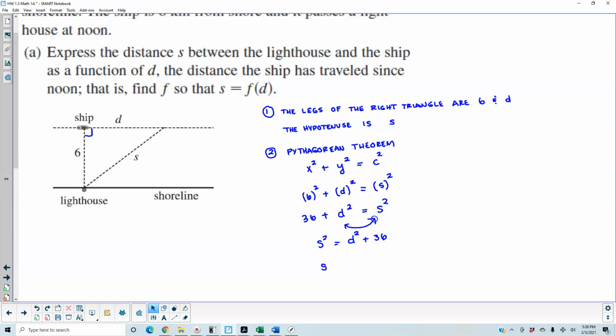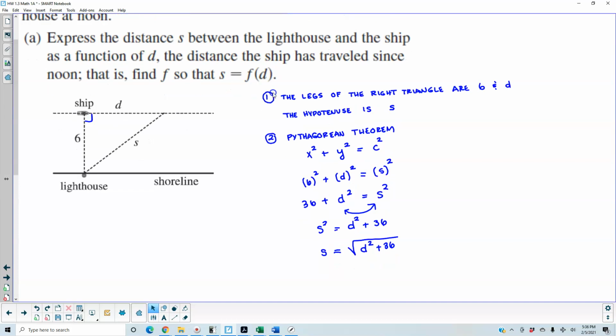If we take the square root of both sides, S is going to equal the square root of D squared plus 36. But now you see up here we want to write S as a function of D. So therefore F of D is going to equal the square root of D squared plus 36.